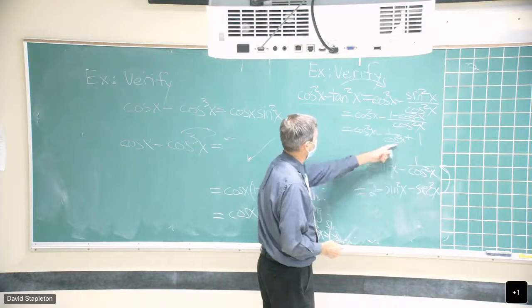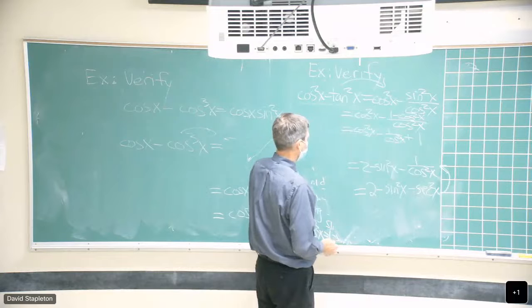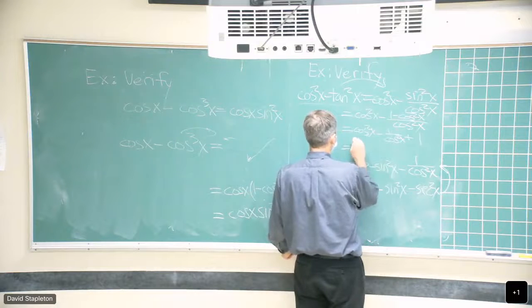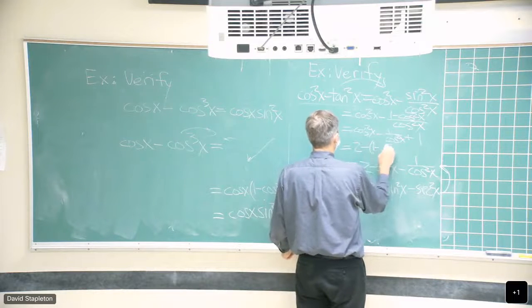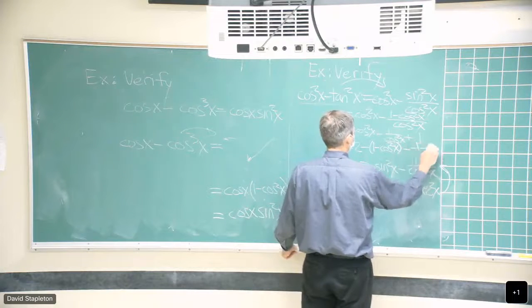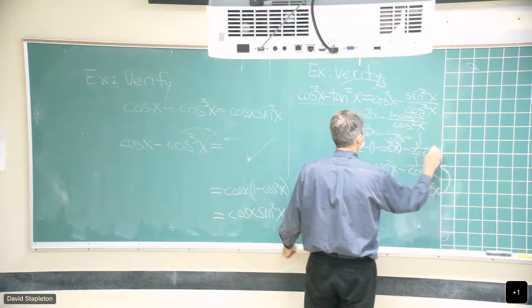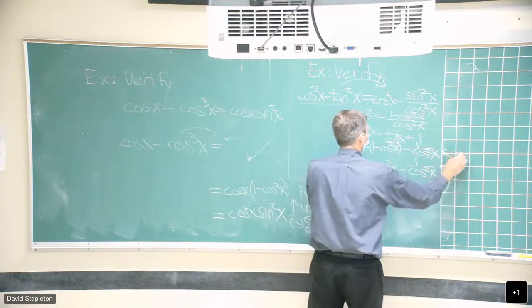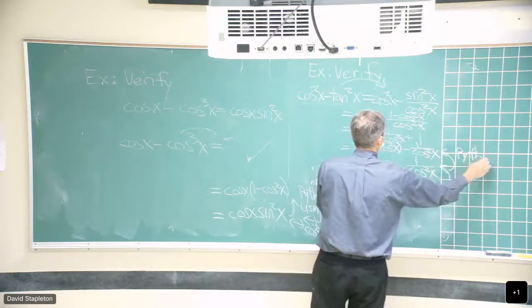And now how can I make the rest of it match? Well, I can go different directions. I can replace sine squared here with 1 minus cosine squared, right? The Pythagorean identity. All right, so I'll just replace sine squared going up this way by the Pythagorean identity.